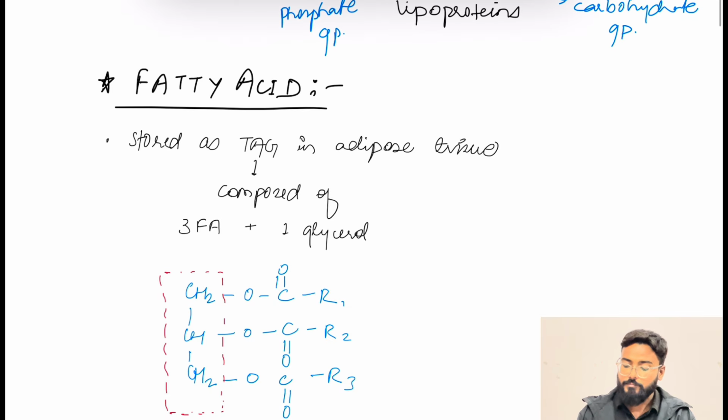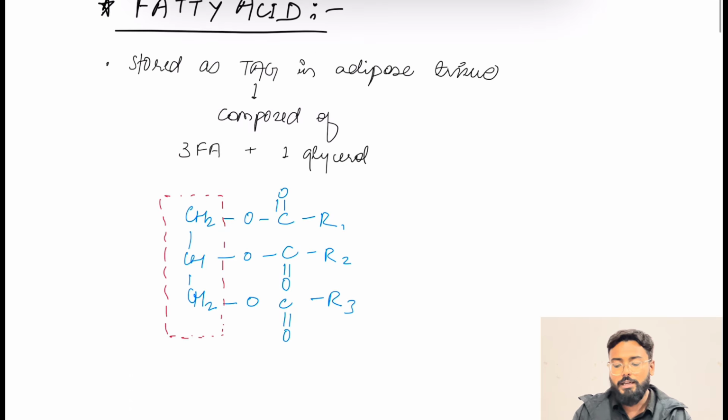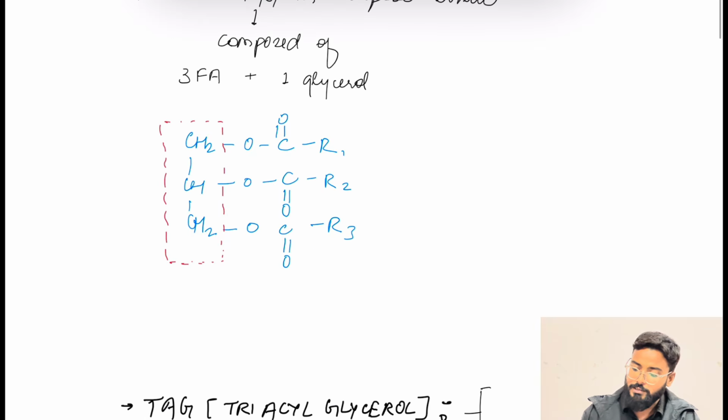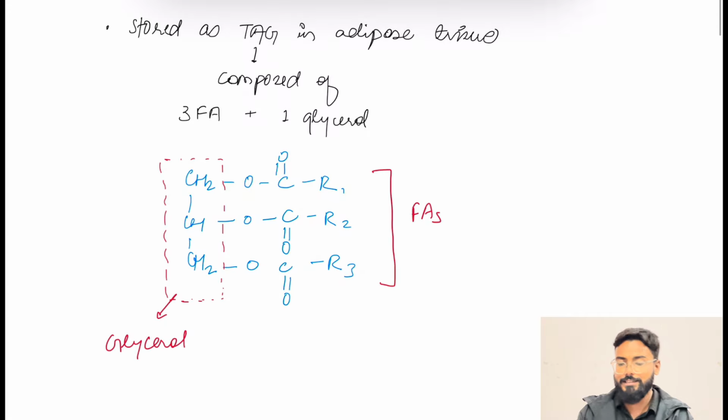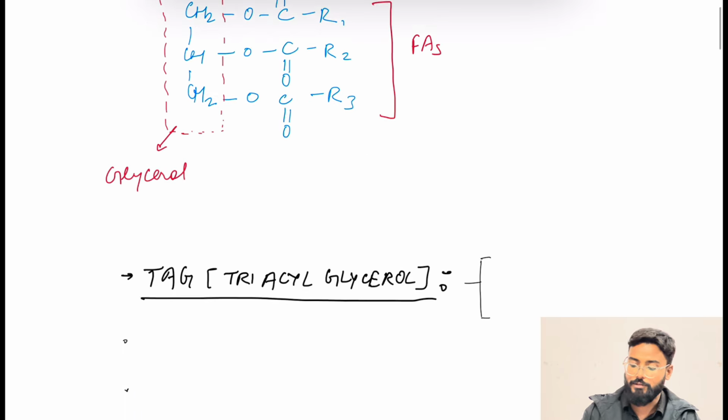So fatty acid is mainly stored in adipocytes in the form of triacylglycerol. Triacylglycerol is made up of fatty acid and glycerol, where one glycerol is attached to three fatty acids. So this right here is the glycerol component, and these are three different fatty acids. This is a general representation of a triacylglycerol, you can say.